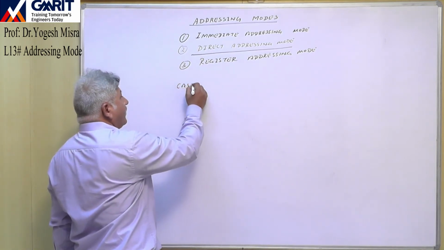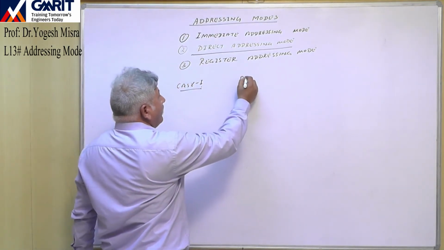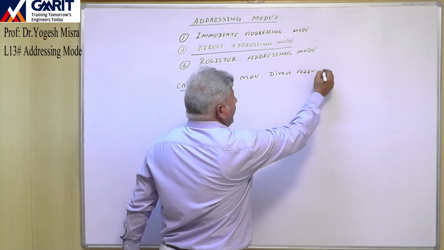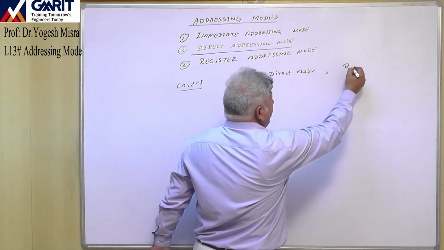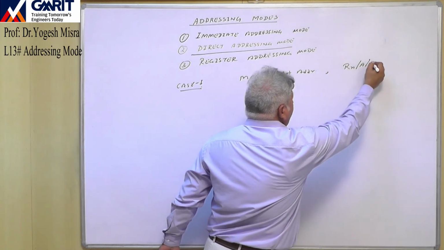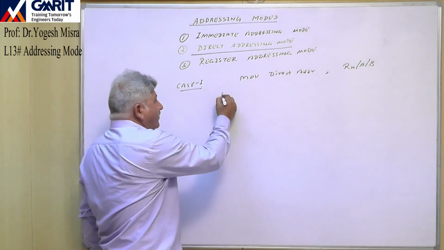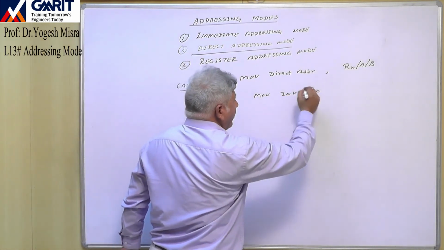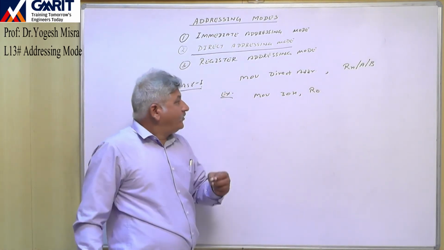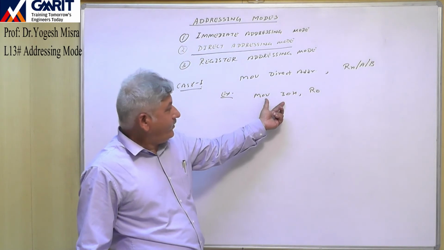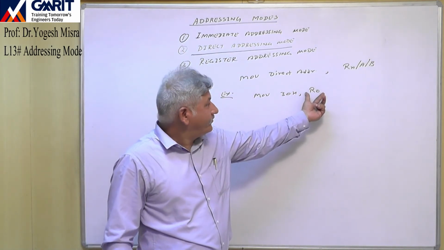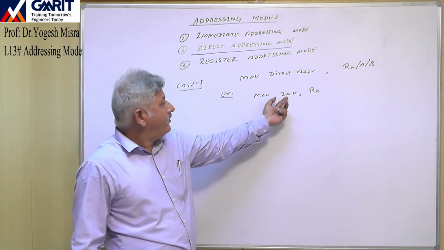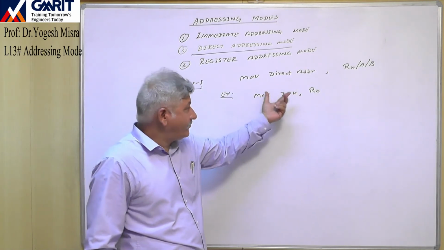In this case 1, move direct address, comma, Rn or A or B. For example, move 30H, comma, R0. So now in this instruction what will happen? The content of R0, which is 8-bit data, will be stored in internal RAM at address 30H.